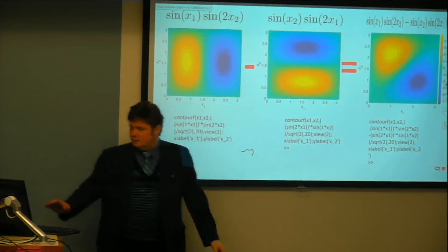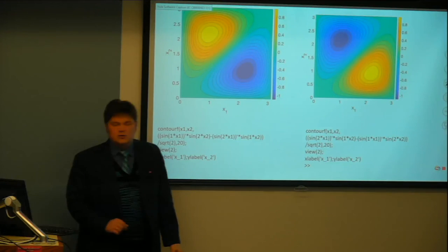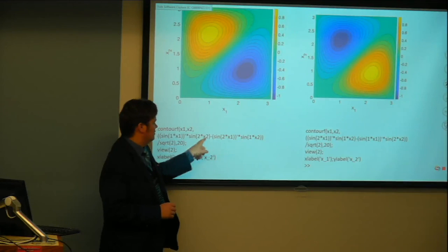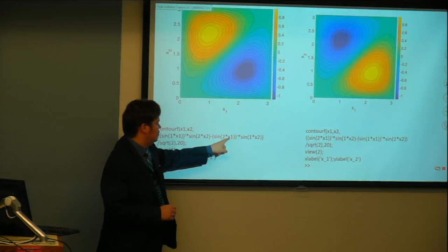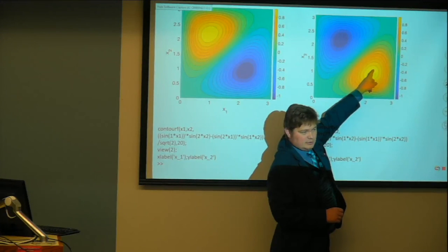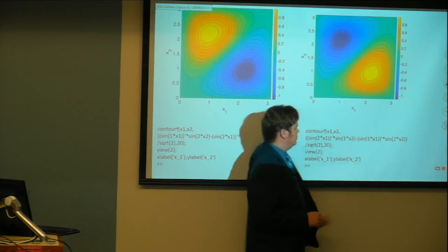And if we want to check the antisymmetry, if you swap the indices, the independent variables 1 and 2, it will be antisymmetric. Where it was a maximum, it will become a minimum. Where it was a minimum, it will become a maximum.